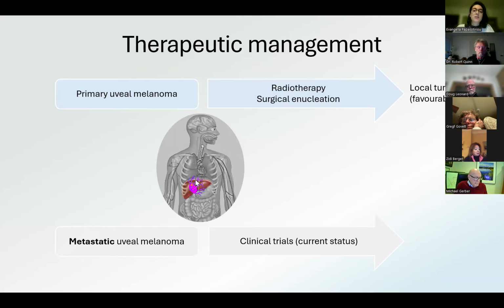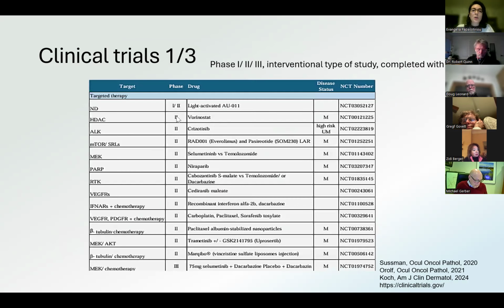Despite the favorable outcome from the local tumor control of the primary uveal melanoma, like we said in previous slides, 50% of patients develop metastases, and currently there is no standard treatment for this metastatic disease. And we have many clinical trials running currently. So I'm going to show you 3 slides. We're not going to go through each therapy that's under clinical trial.